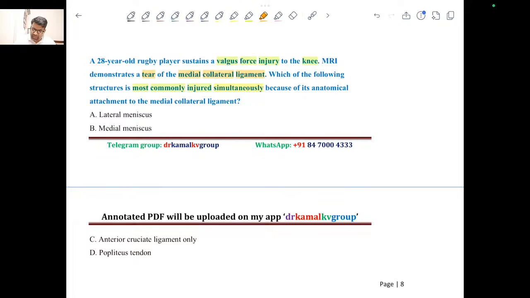Now, here there is a valgus force injury. Now, what do you mean by the word valgus? Means lateral. So the leg is pushed laterally and therefore there is strain over the medial collateral ligament.